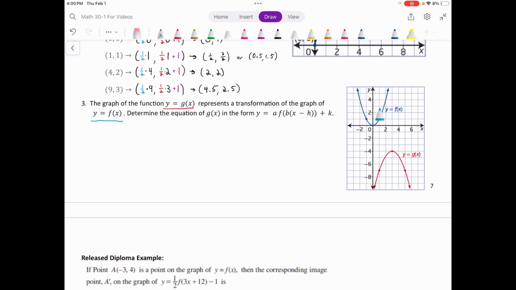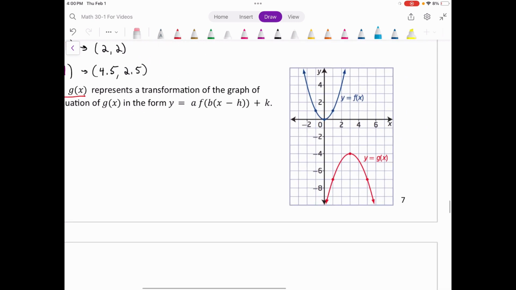All right, so typically a good strategy with these, especially when we know or suspect that there might be stretches and translations going on, okay? Not always the case, but often if we can figure out any points that shouldn't change due to stretches or reflections, that can help us focus in on what the translations might be, right?